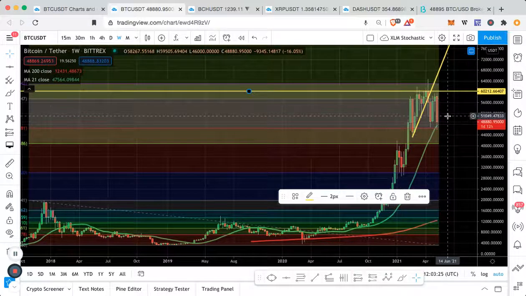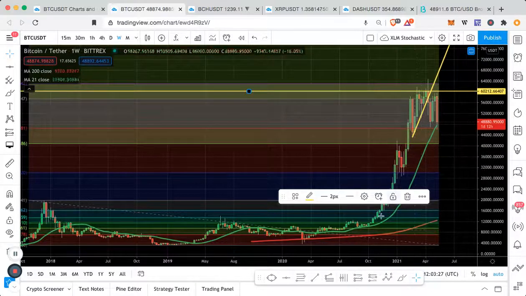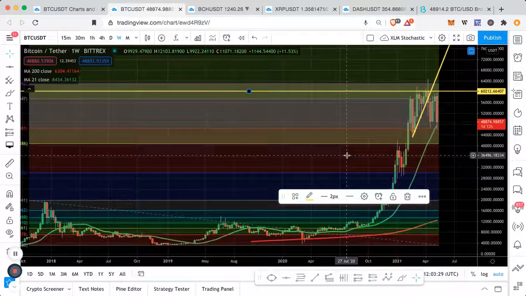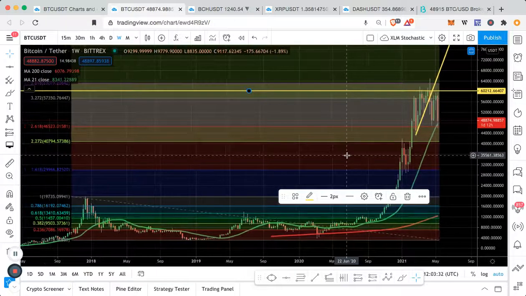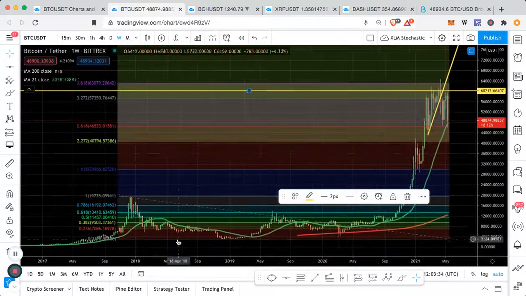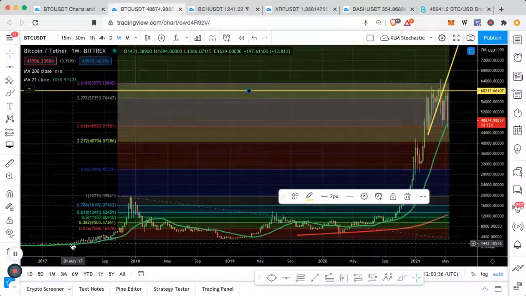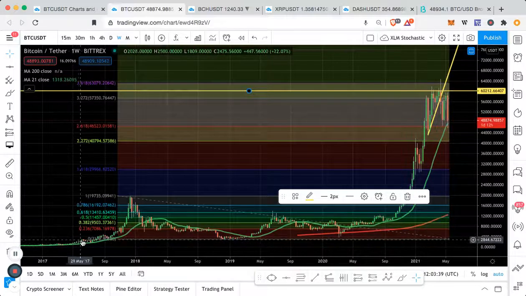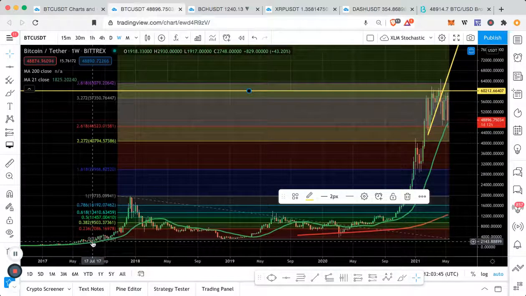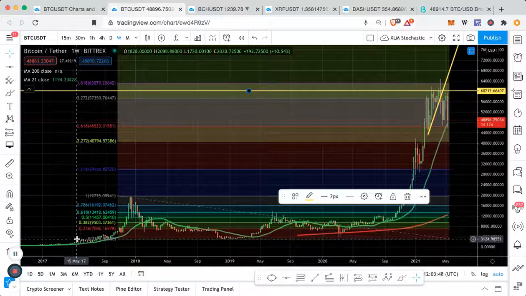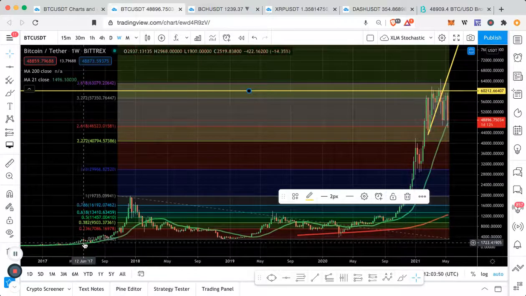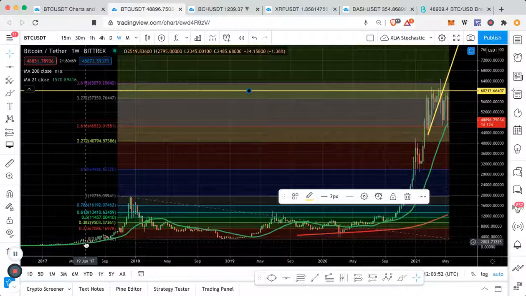In addition to that, the 21-week moving average was critical during the last bull run, as you can see down here. When we started off our bull run, we touched the 21-week moving average many times. From 3,100 we came down to touch the 21-week moving average at 2,000, so that was like a 50% dip.